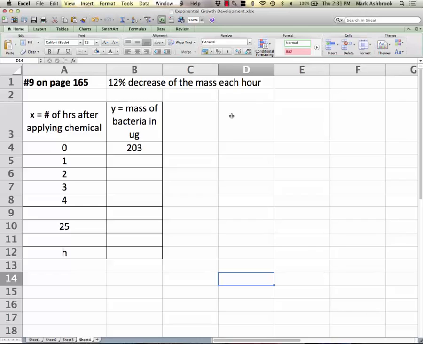If it's a 12% decrease of mass each hour, then, I'm going to say X is the number of hours after applying a chemical, Y is the mass in micrograms starting at 203. So now I want you to work on this table. Finish making this table from this situation. This is a decrease of 12%.